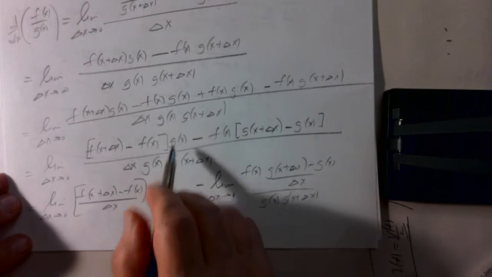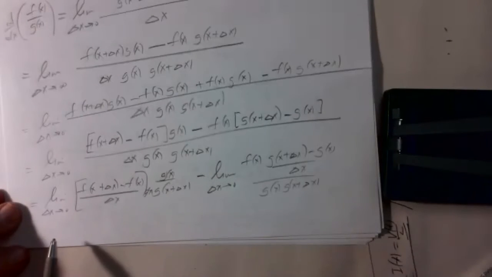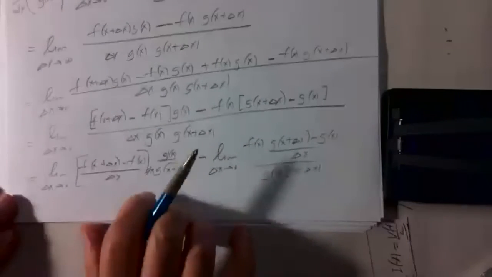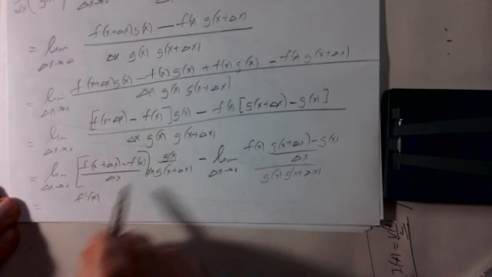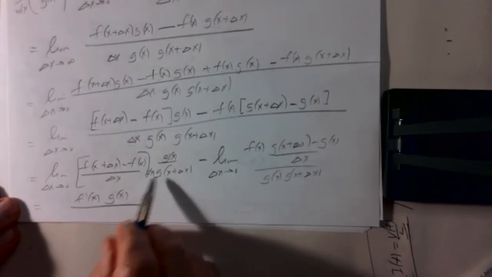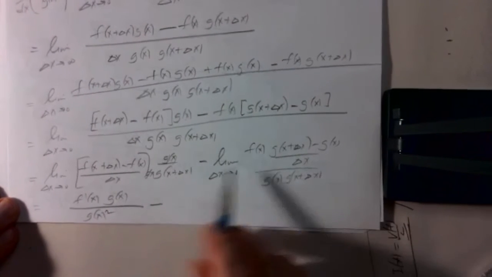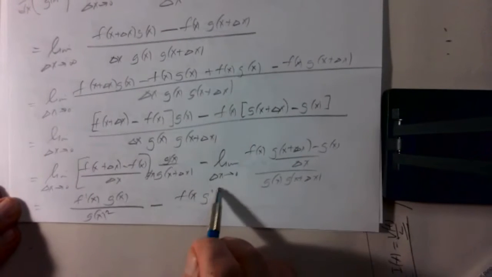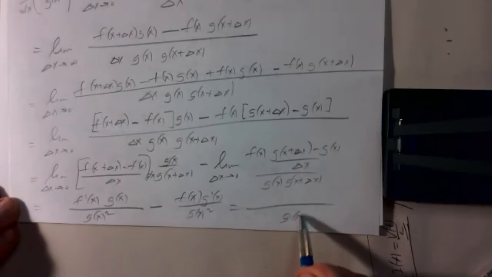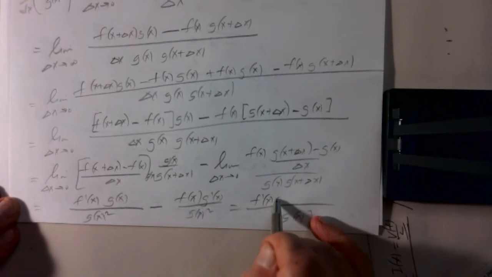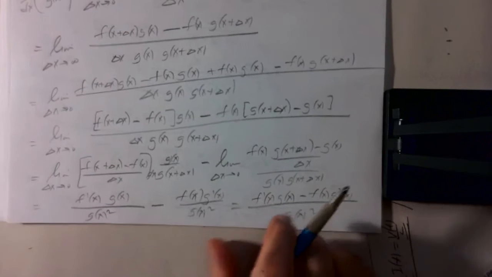Let me just not cancel. G of x, g of x. And so what happens is delta x goes to 0. This goes to f prime of x times g of x over g of x times the limit of this gives me a g of x squared minus this, which is f of x, g prime of x, again over g of x squared. So we have the same denominator, g of x squared, f prime of x, g of x, minus f of x, g prime of x. So that's perfect.